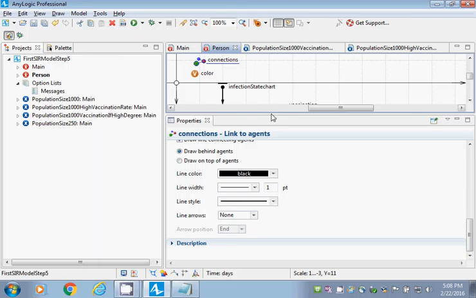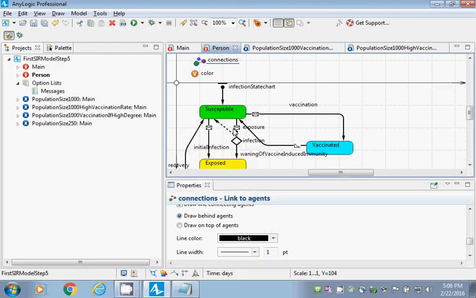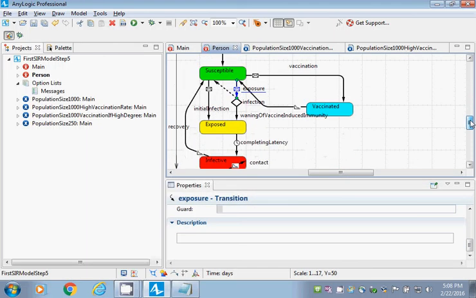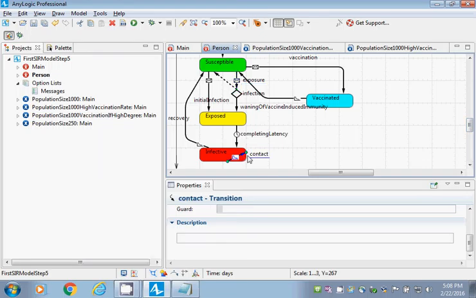And in this case, that communication led to exposure to messages, and those messages were sent when an individual was in contact with another person or at the starting point of a simulation.